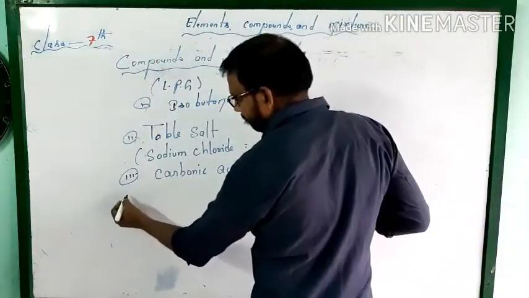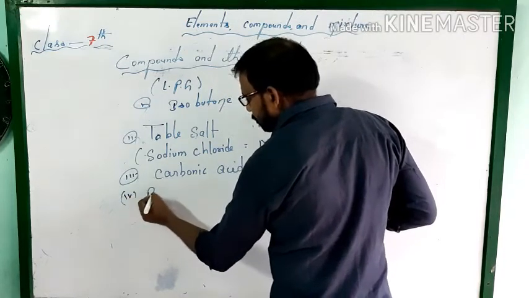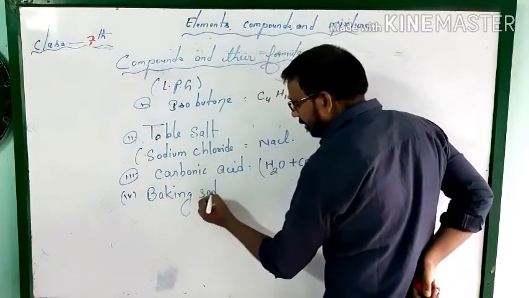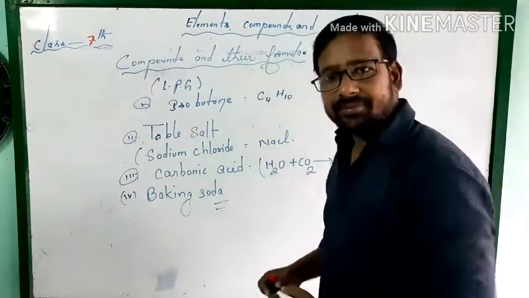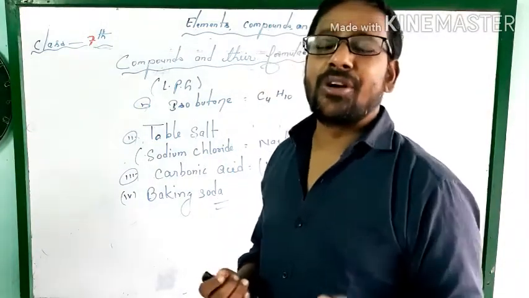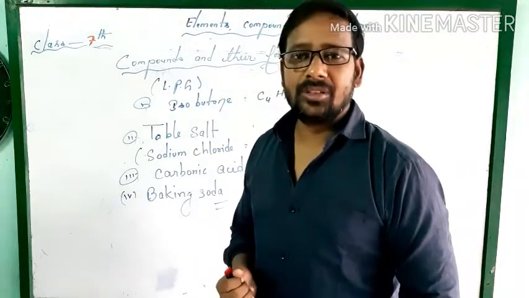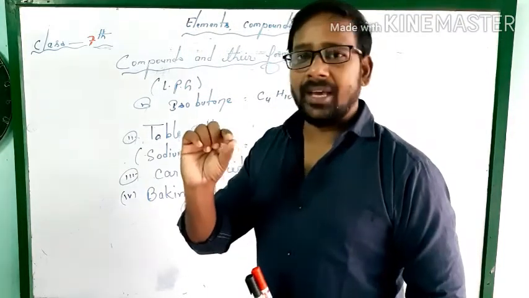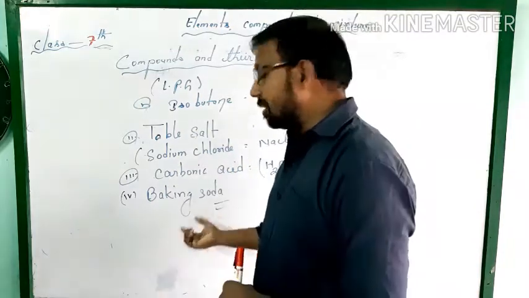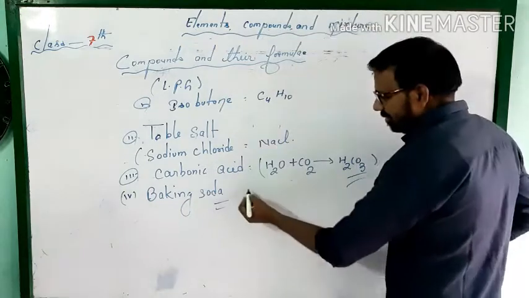Next is baking soda. Baking soda means baking powder, which is used in your house for making pua and khajur, which makes it puffy and fluffy. It is even used in cake. What is the formula of that?